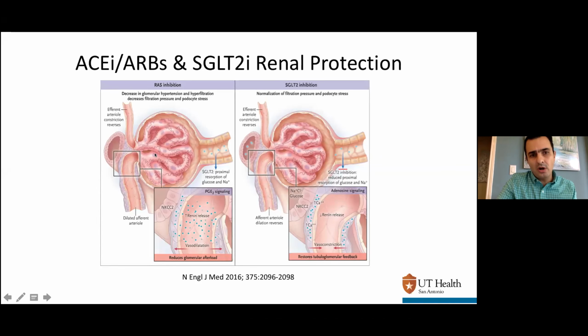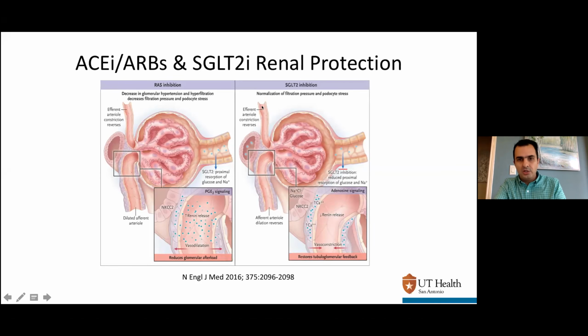By giving ACE or ARB, you have a dilatation of the efferent arteriole. Angiotensin II constricts the efferent, and when you constrict the efferent, that puts even more pressure on the glomerulus. So if you dilate the efferent, you relieve the pressure in the glomerulus, and that's why you have a dip in the eGFR or an increase in the creatinine when you start ACE or ARB.